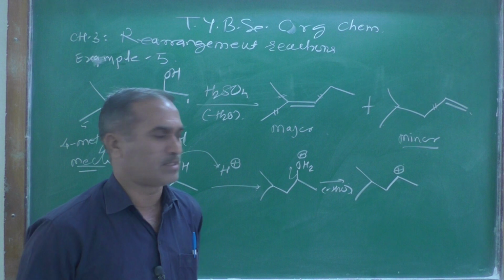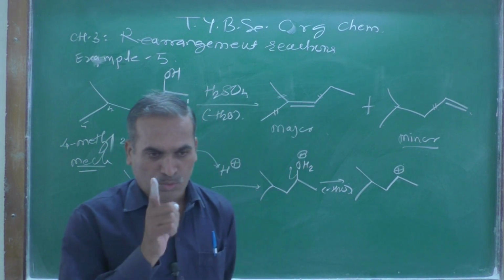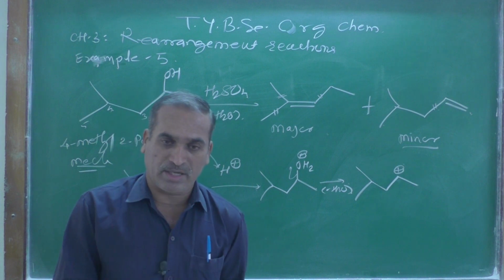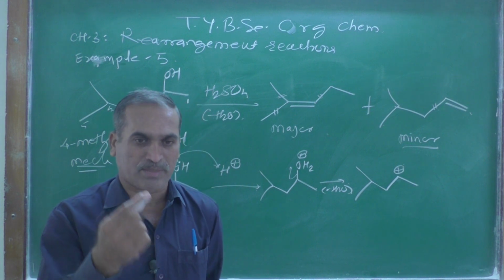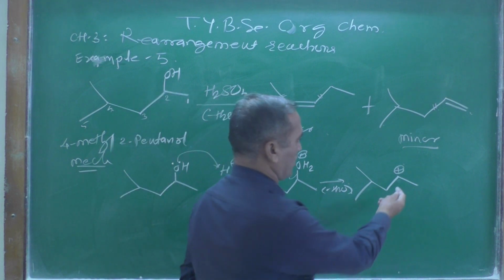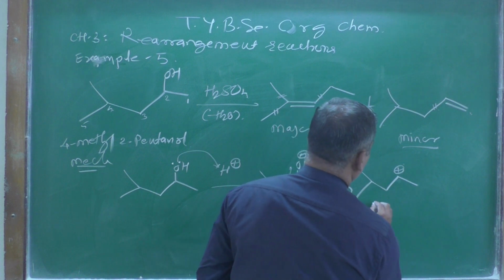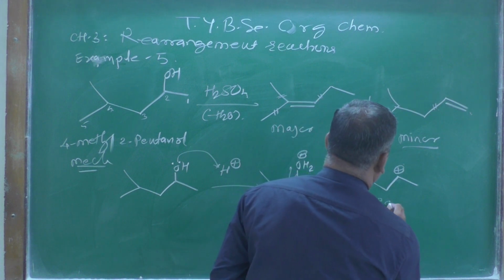If you look at this carbocation carefully, tell me what kind of cation it is, whether it is a primary, secondary or tertiary carbocation. Look, this carbon is attached to carbon, again carbon, therefore it is definitely a secondary carbocation.